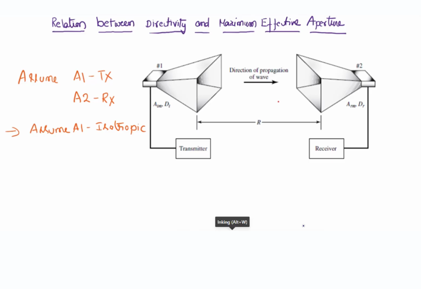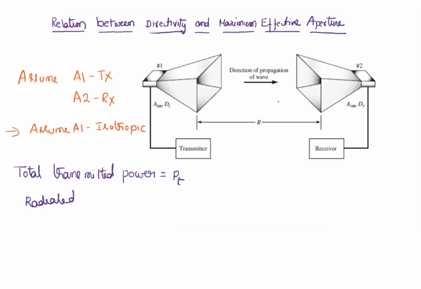Now we'll see the total transmitted power by the transmitting antenna. The total transmitted power is PT. And the radiated power density, take it as W naught.